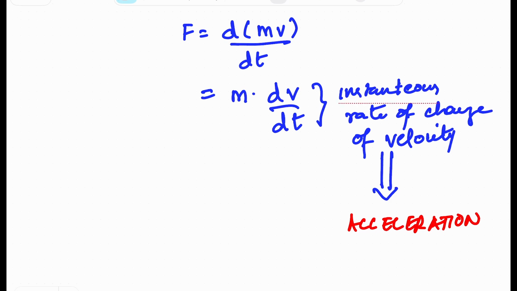And now the equation becomes F is equal to ma.